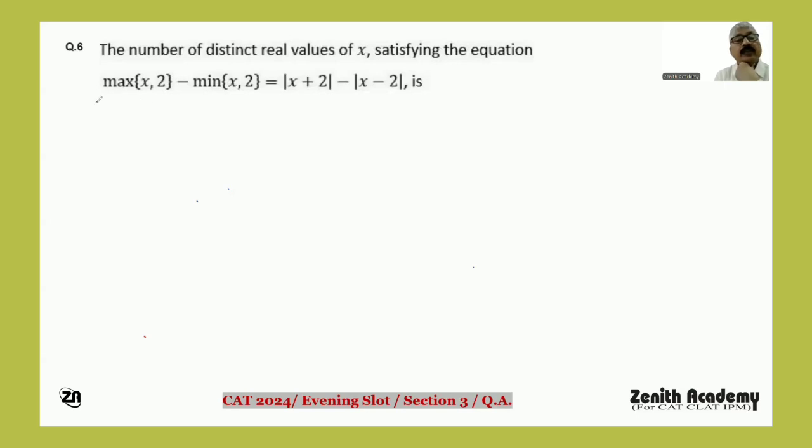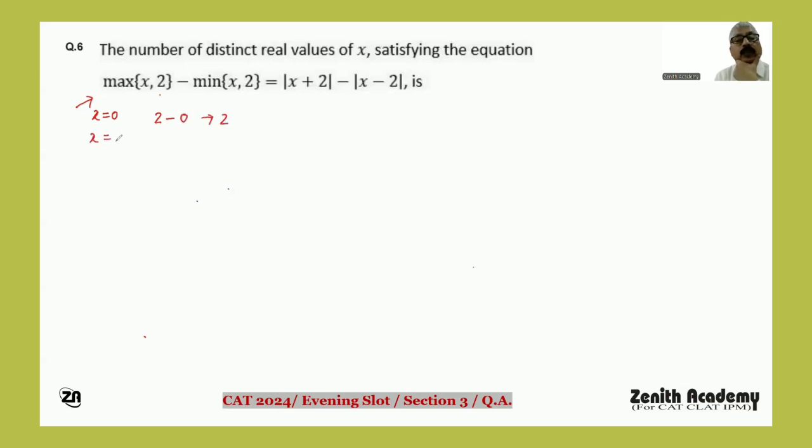Like first take this left hand side, maximum of x, 2 minus minimum of x, 2. Suppose I put here x is equal to 0. If you put x is equal to 0, 0 and 2 maximum will be 2, minus 0 and 2 minimum will be 0. So this is coming 2.